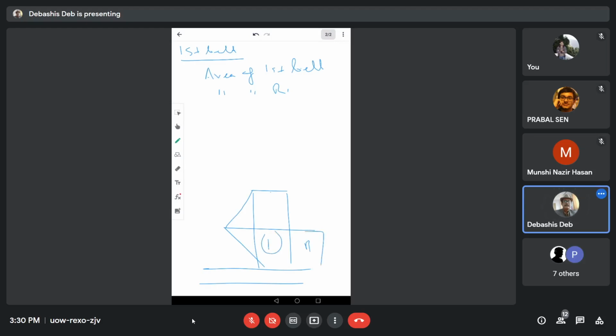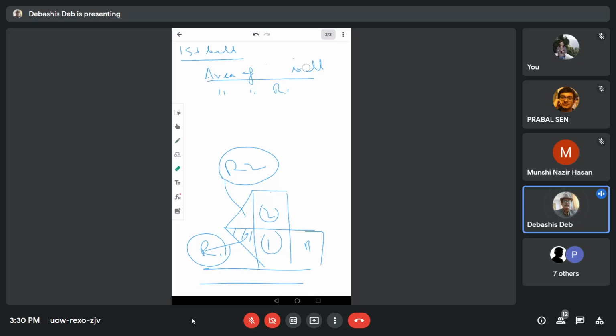This was the first belt, it was the second belt. Right here is the recess line of the first belt, R1, and it is the recess line of belt 2, R2.